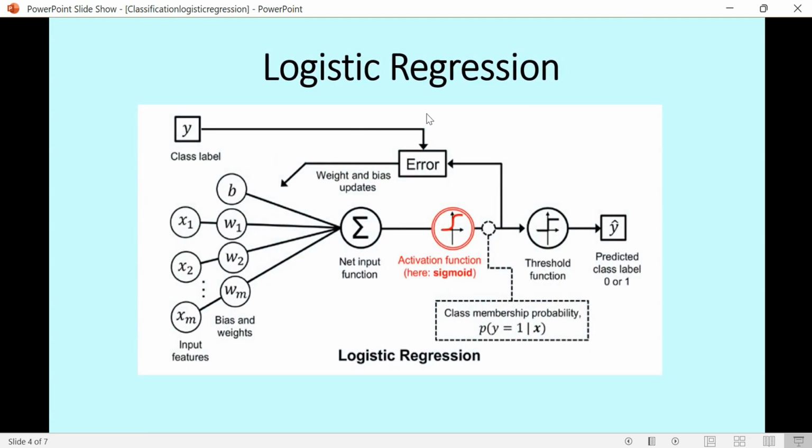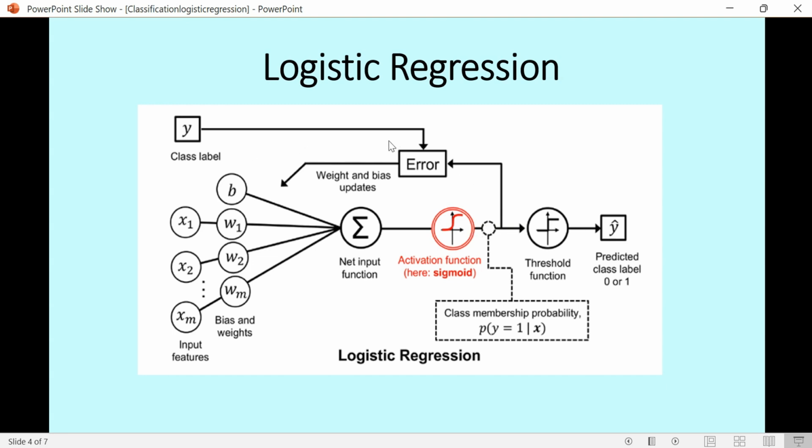The logistic regression procedure for updating the weights can be shown in this figure. We get the net input for one observation, then apply the sigmoid function to the net input to get the probability of the positive event for this observation. Then we compare with the observed value y equal to 1 or 0. 1 represents positive, 0 represents not positive.